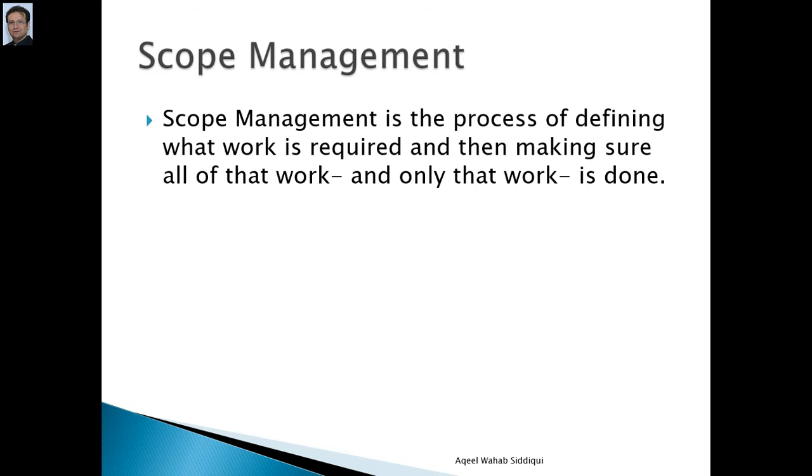So all you need to do in scope management is to gather requirements from the stakeholders, and you must manage your project according to the requirements of the project.